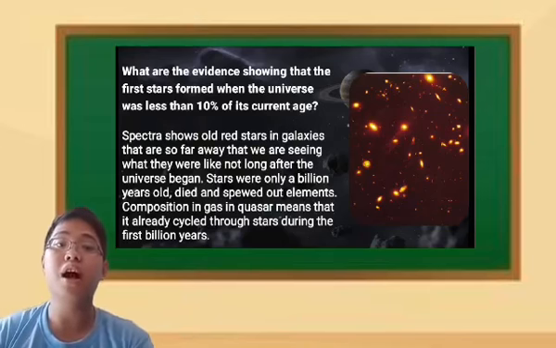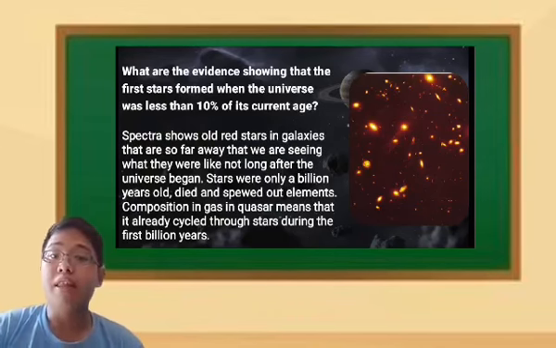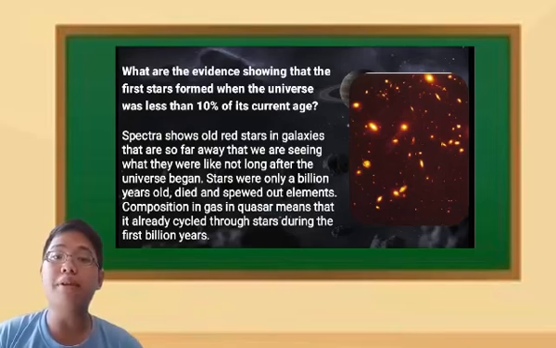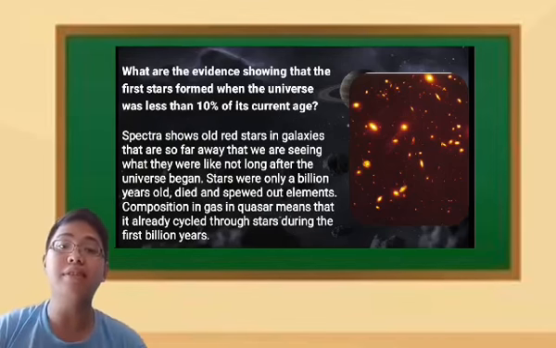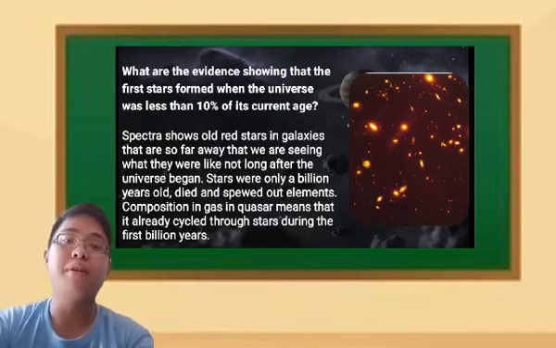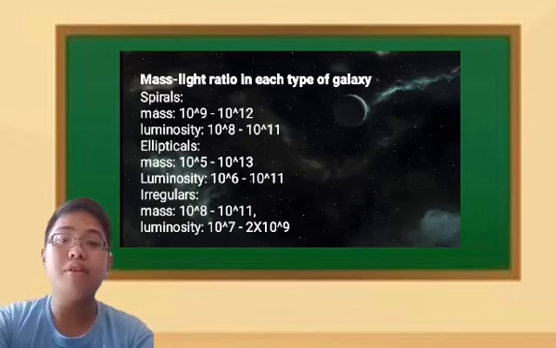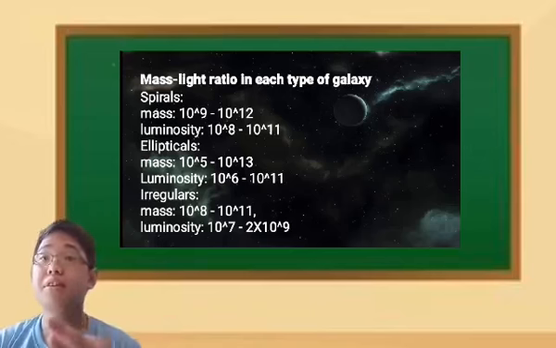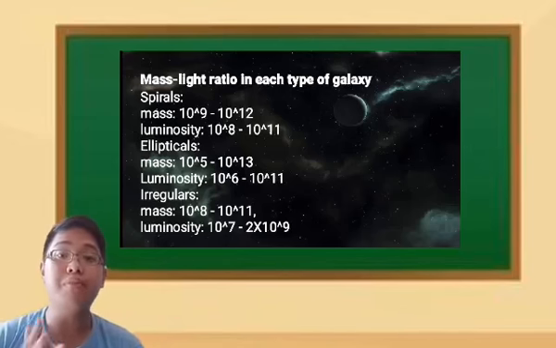Stars only a billion years old died and spewed out elements. The composition of gas in a quasar means that it had already cycled through stars during the first billion years.